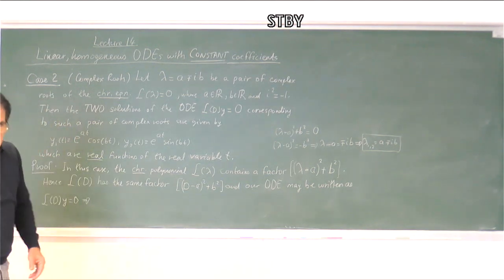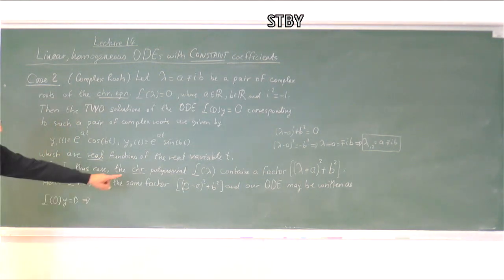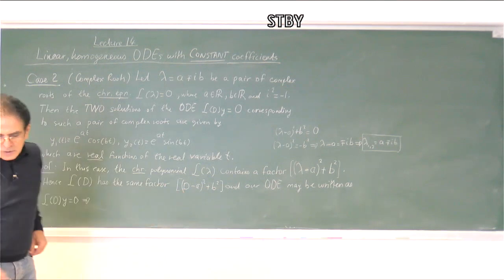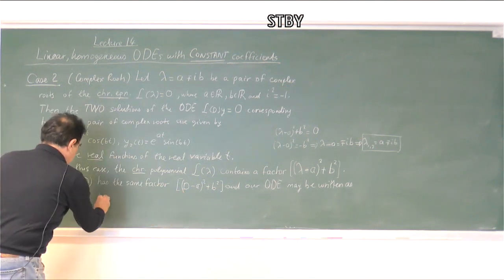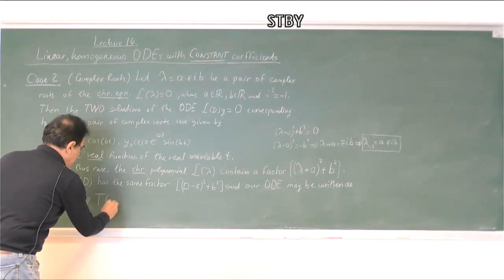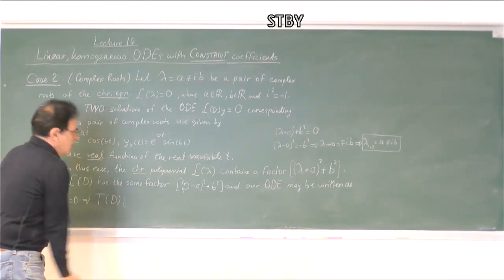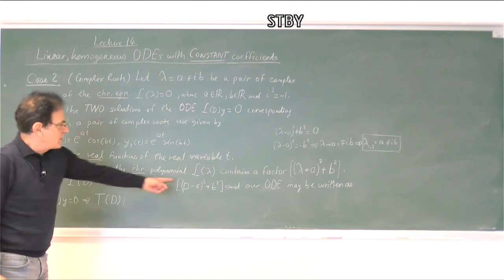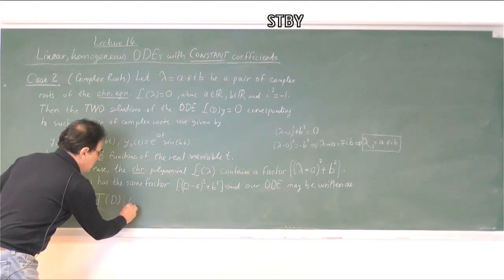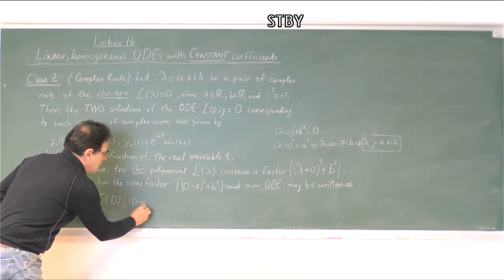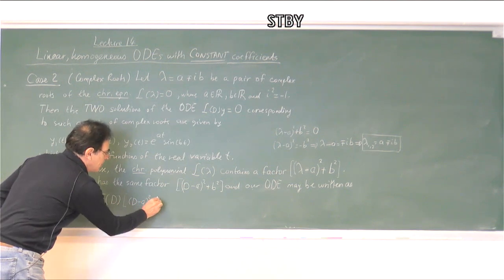Now, L of d contains a factor like that, so we can write it as T of d times d minus a squared plus b squared, extracting this factor.